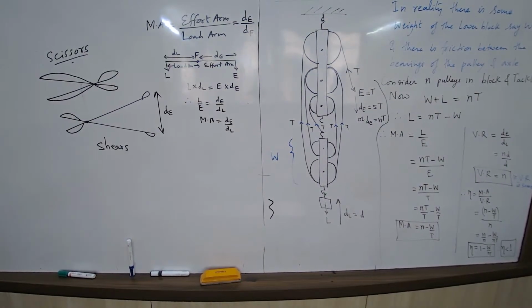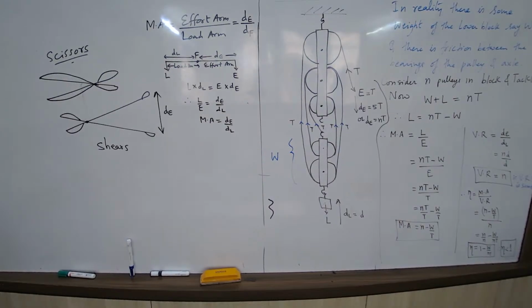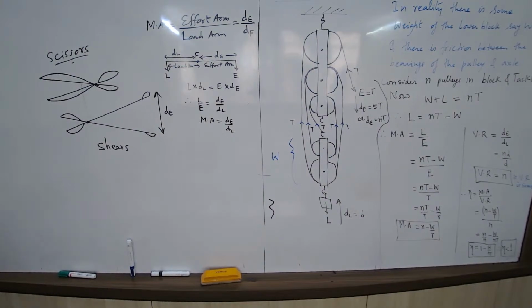Okay. Third. Explain the term mechanical advantage. State its meaning. Mechanical advantage is the ratio of load to effort. Correct. It has no unit because it is force by force. Okay. Very good. Fourth. Define the term velocity ratio. Velocity ratio is the ratio of the velocity at which the effort moves to the velocity at which the load moves. Correct.